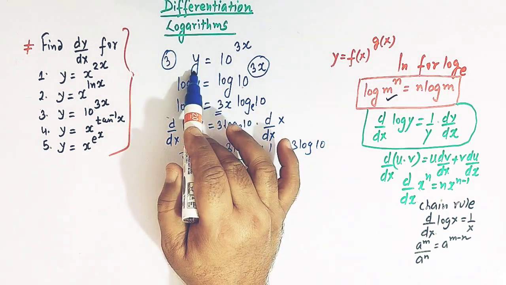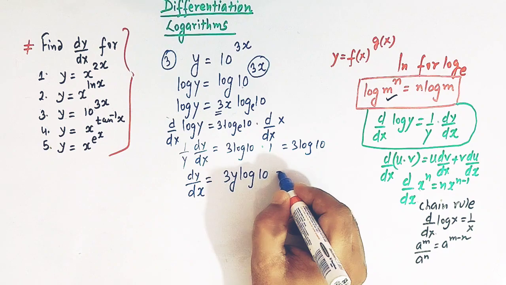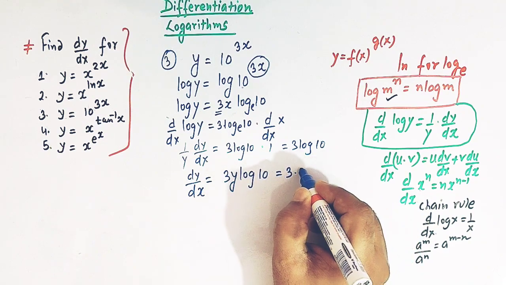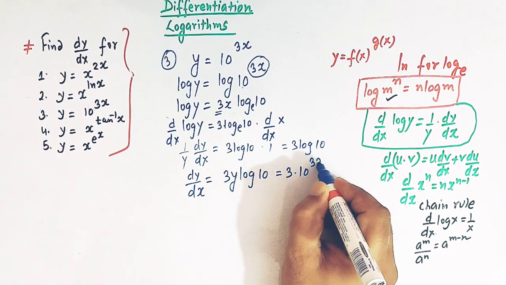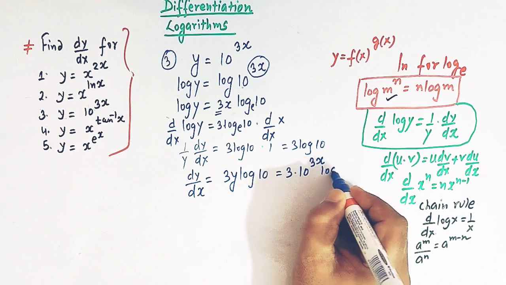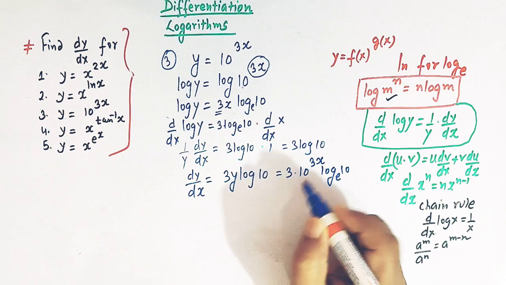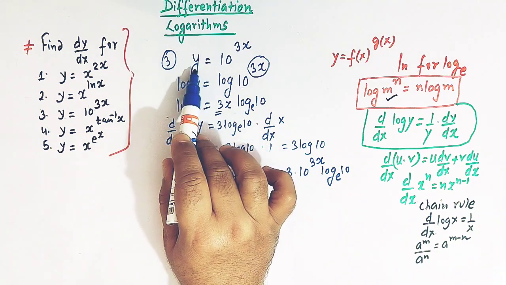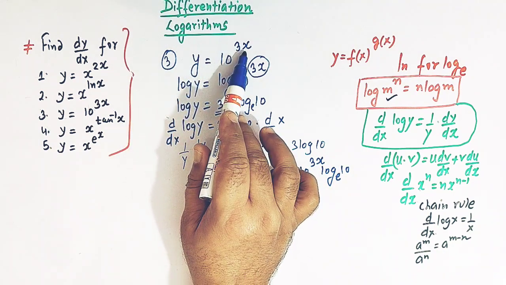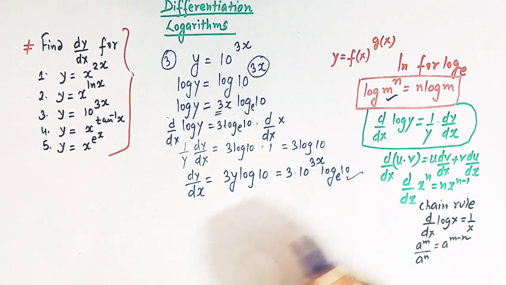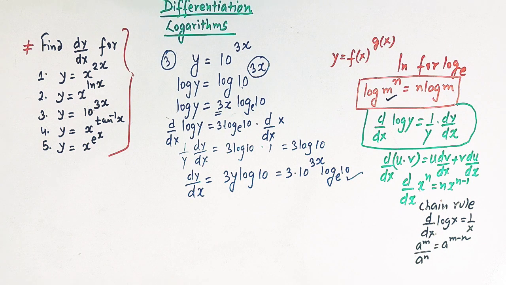And replacing y by 10 raised to 3x, we have 3 times 10 raised to 3x, and here we have a log of 10, and obviously the base is e, right? So the derivative of y is equal to 10 raised to 3x is given by this expression.